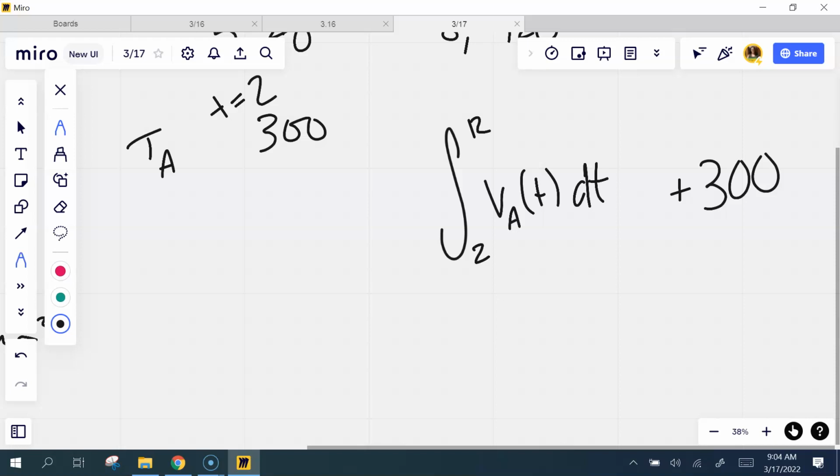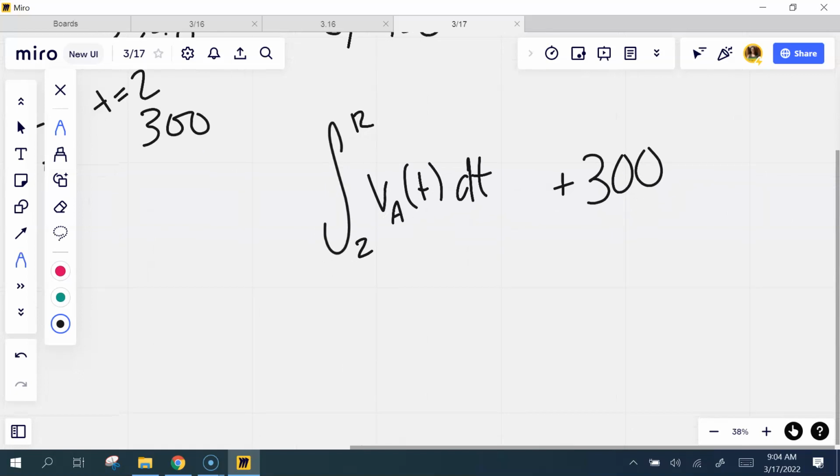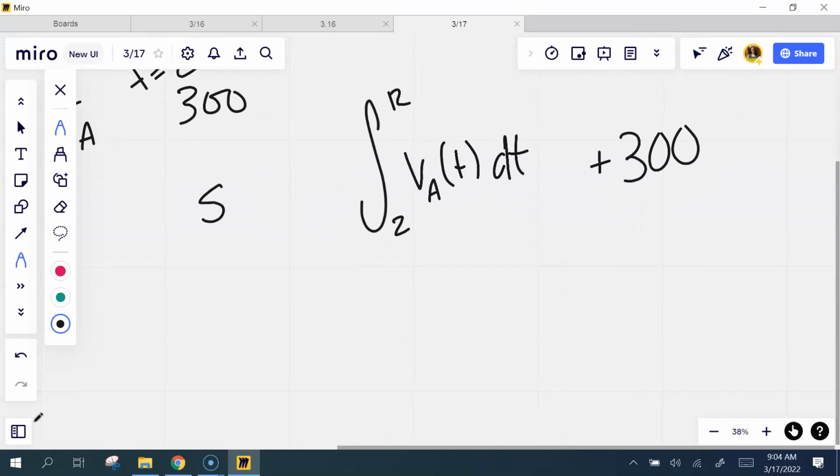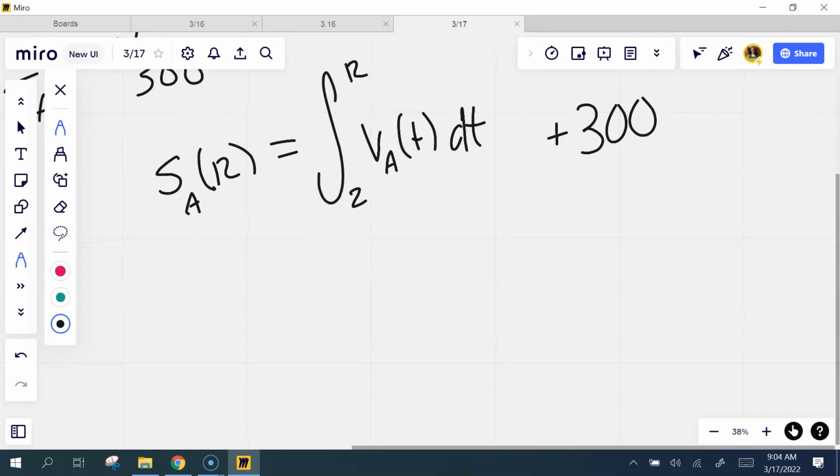All right, there's my position at 12. Now it wants the trapezoidal rule.